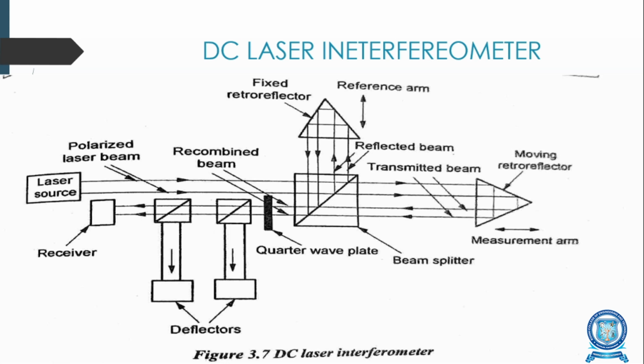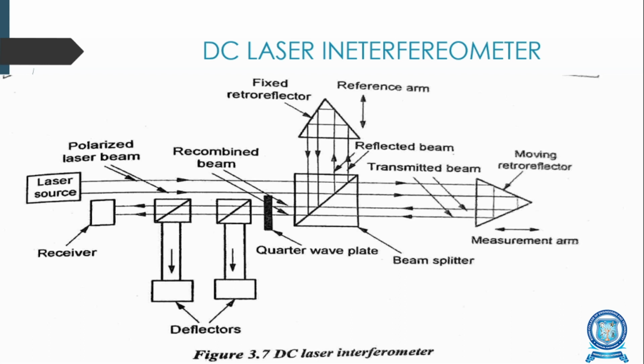They travel to the retroreflectors and are reflected back towards the beam splitter, where the beams are recombined, consisting of two superimposed beams of different polarization. One component is vertically polarized, having traveled around the reference arm, and the other is horizontally polarized, having traveled around the measurement arm.